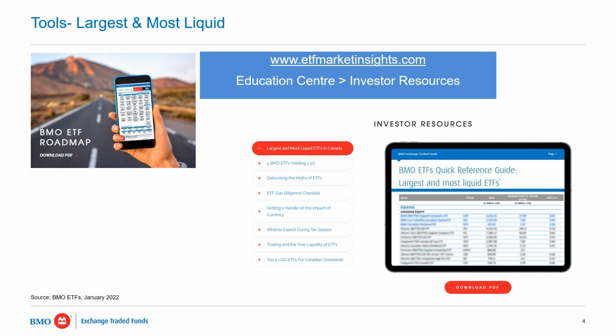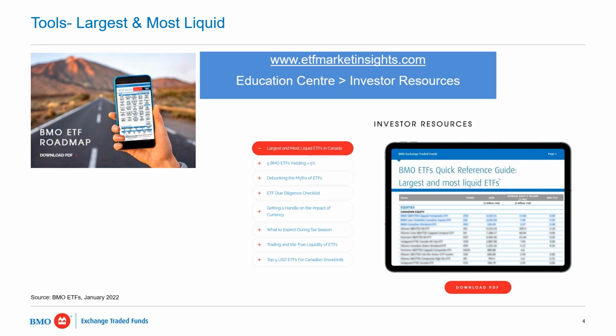We update this quarterly. And really what this shows you is all the ETFs in Canada, not just BMO ETFs, that are the largest by assets and the most liquid by trading volumes, just to give you an idea of what ETFs out there are the largest and the most liquid, if that is data that you are looking for.